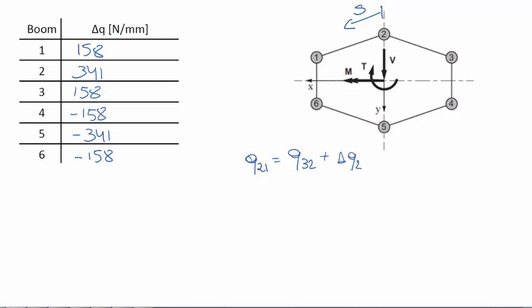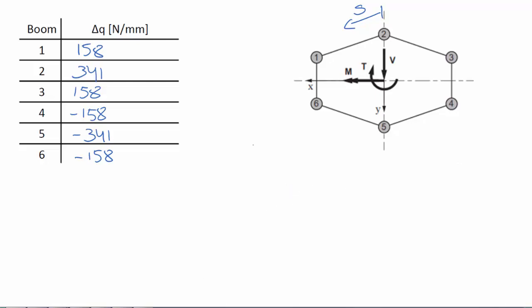But also due to the symmetry, we know that Q21 will be the same but of opposite sign to Q32. From this, we know that Q21 will be equal to half of delta Q2, which is 171 newtons per millimeter. Okay, now that we know this, we can erase all of it.